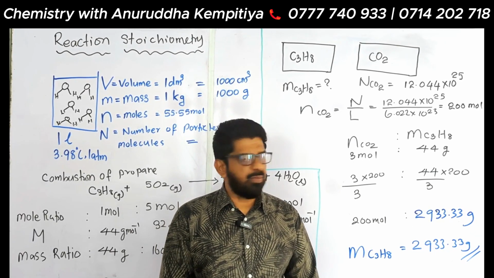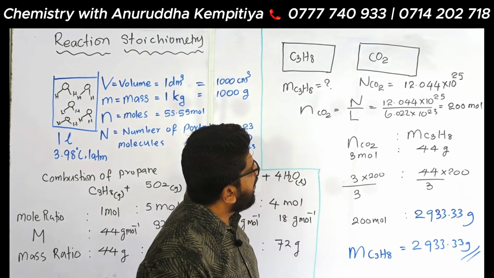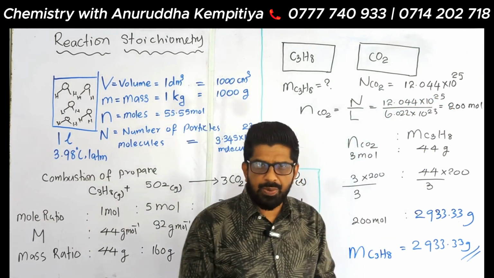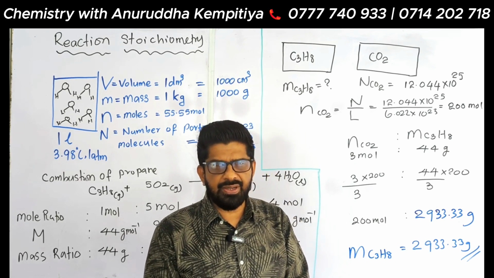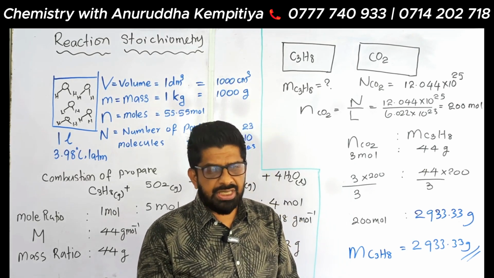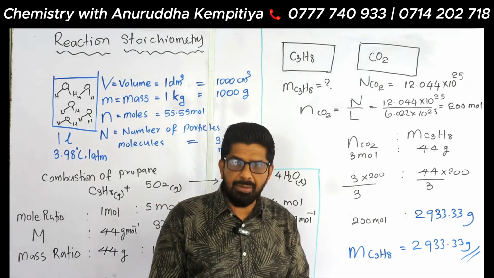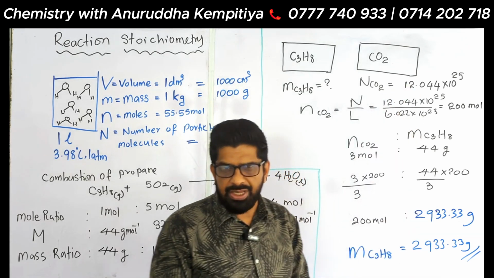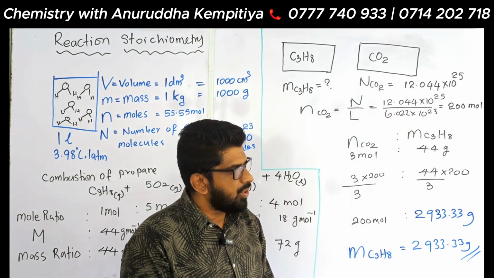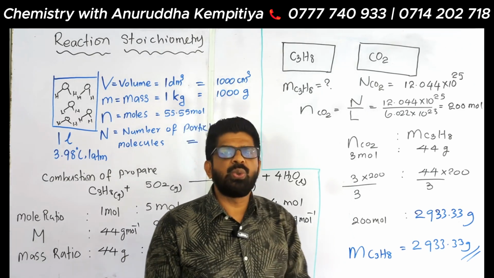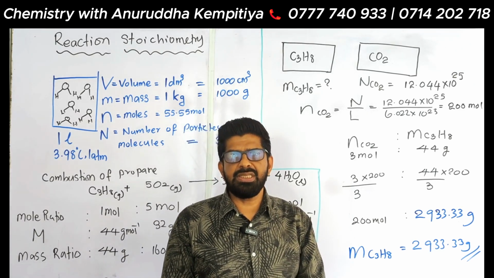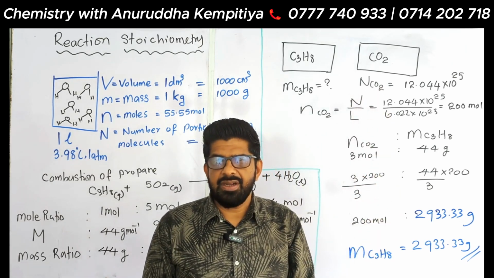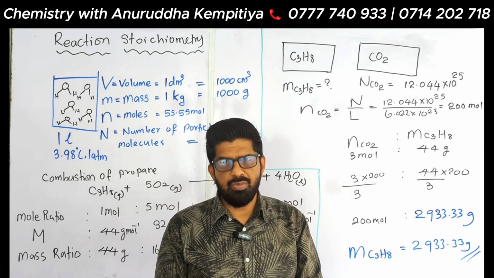Right, this time the problem: I want 12.044 times 10 to the power 24 carbon dioxide molecules. What is the mass of propane that must be combusted in order to obtain this number of molecules? So that is the question. Before we go to the stoichiometric relationship, if the number of molecules is given, I convert it into number of moles.